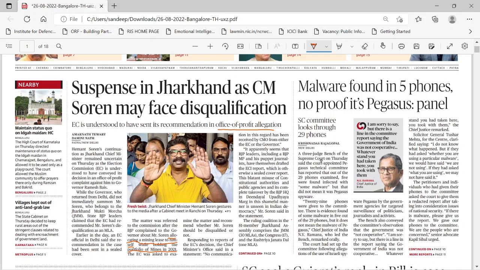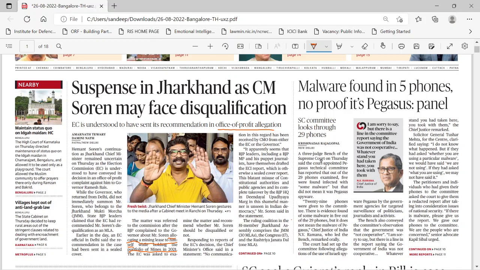So what he has done, when he was minister of mining, he called for a tender and he has given the tender to his own company, which is a clear indication that he has misused it, and it comes under office of profit, and he may be disqualified.